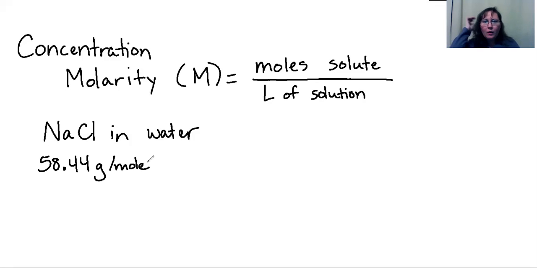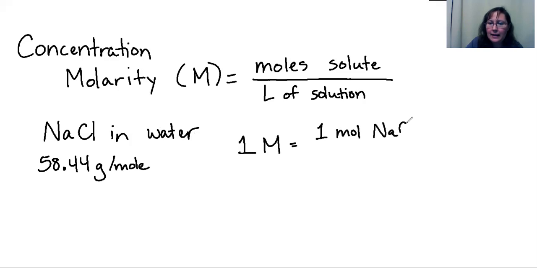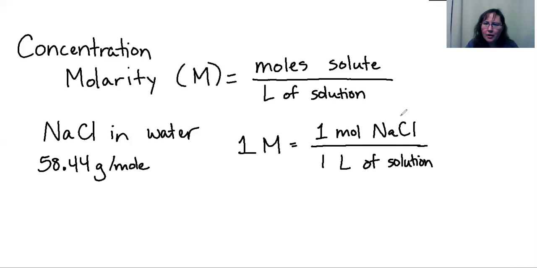Okay. So if I want to make a 1 molar solution of sodium chloride in water, then I need 1 mole of NaCl per 1 liter of solution. Usually the way you do that is you measure out your solute, you put it into your beaker or your Erlenmeyer flask or a volumetric flask, and then you add water to make 1 liter.